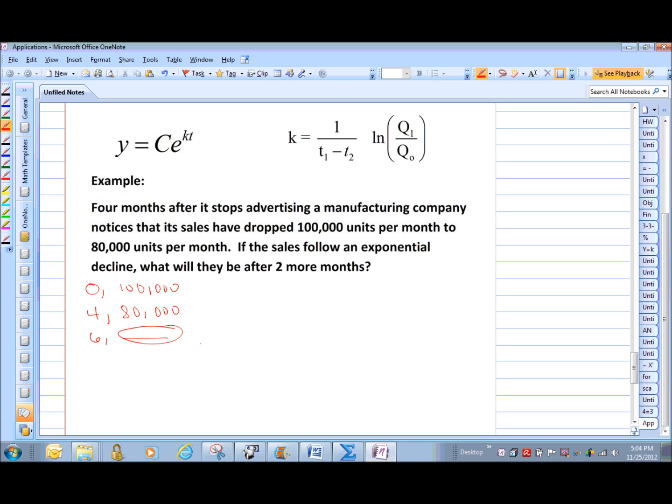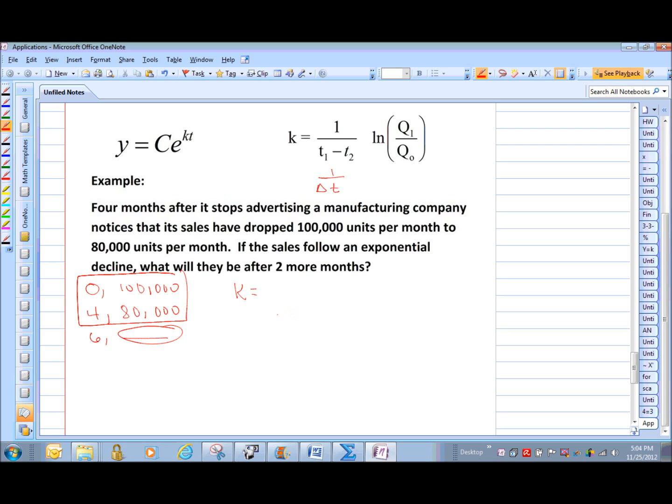Okay, once again, let's go ahead and set up K using this information. So K would be 1 over the change in time. Sometimes we write this as 1 over delta T for change in time, by the way. You'll see that sometimes, so that's important to know.